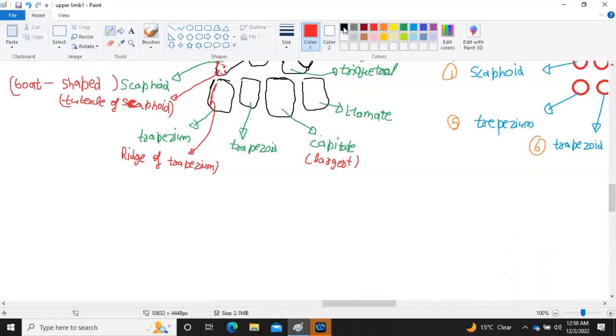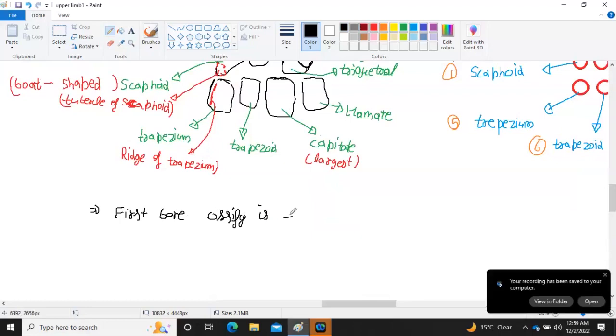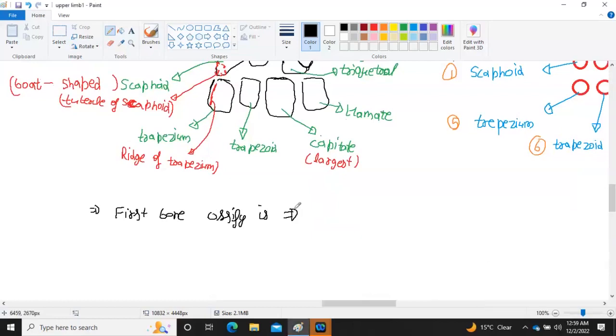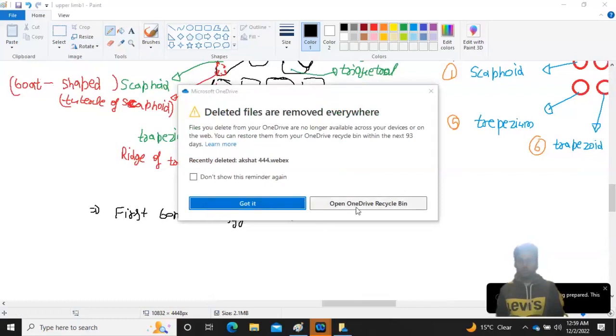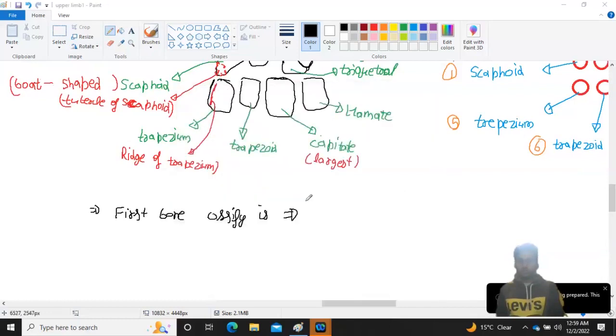So the first formed bone, the first bone ossifier, is capitate. तो यहाँ पे आंसर आ जाएगा capitate.